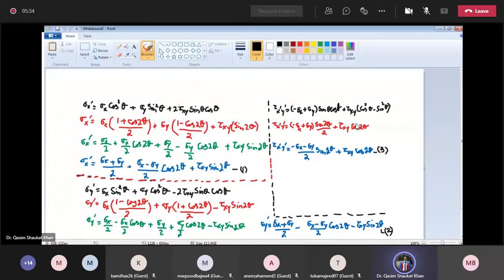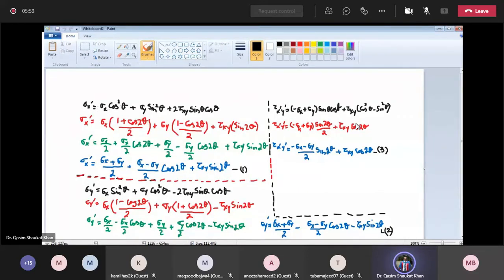Now we want to simplify these expressions by putting the identities in them. So how are we going to do it? Let's start with the first expression, sigma x dash is equal to sigma x cos square theta.